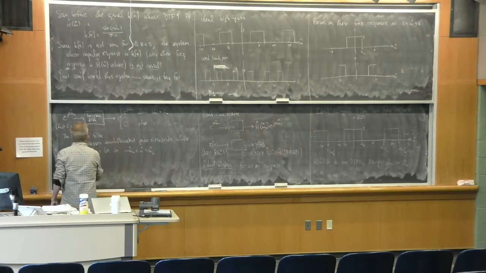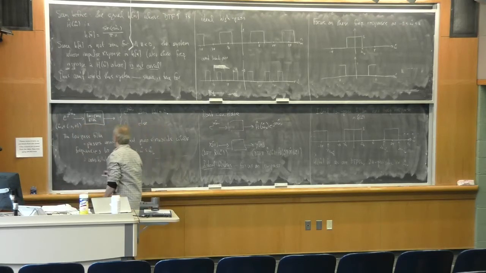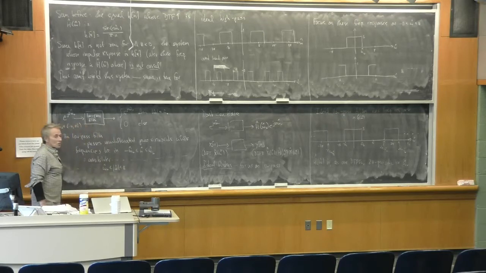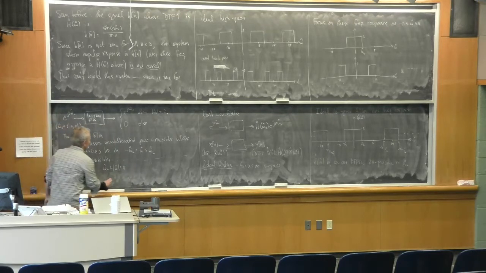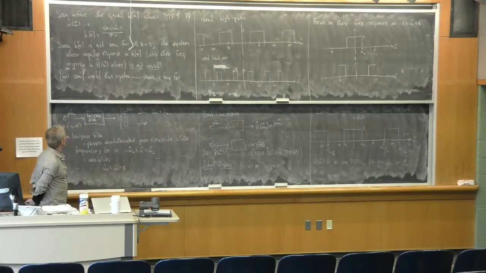And it kills, annihilates, all the pure sinusoids whose frequencies lie in omega hat b less than or equal to absolute value of omega hat less than pi. Remember, I'm assuming omega 0 is in the interval minus pi to pi. Okay? It passes all the low frequency sinusoids and annihilates all the high frequency sinusoids.